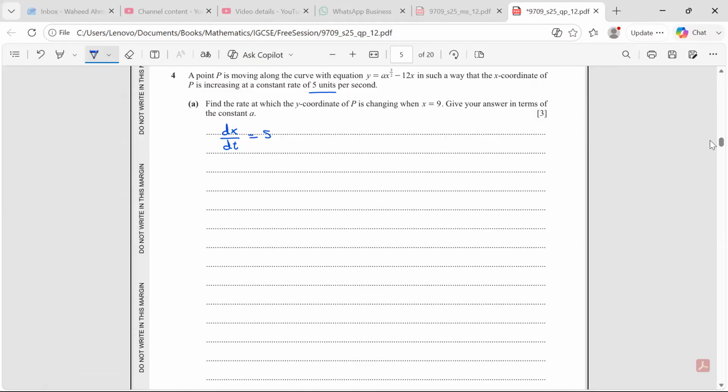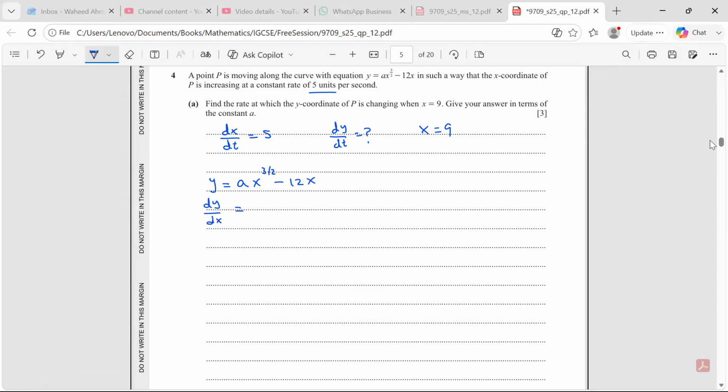Part A says find the rate at which the y coordinate is changing. So we need to find at what rate the y coordinate is changing, and we have to evaluate this at x equal to 9. Now, the given curve is y equals a x power 3 by 2 minus 12x. So what is dy by dx?